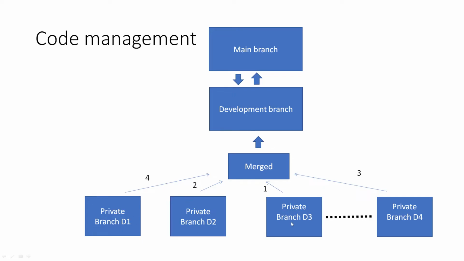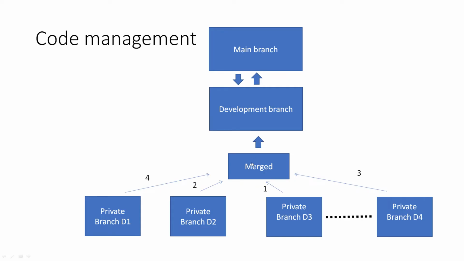Let's say D3 made the changes and is the first person, D2 is the second person who made the changes, D4 is the third person, and D1 is the fourth person. So this is the order, right? Based on this order, the code will be merged, and then the merged code will be merged with the development branch, right?